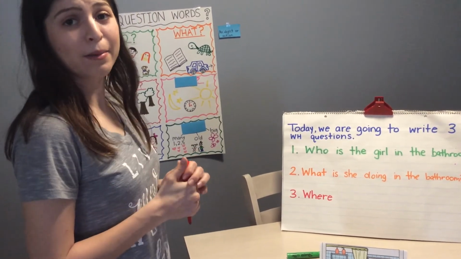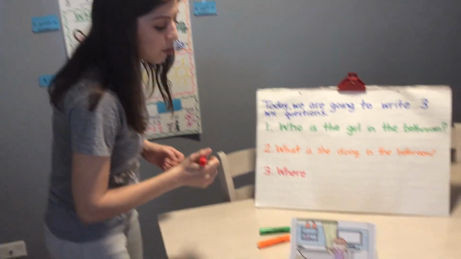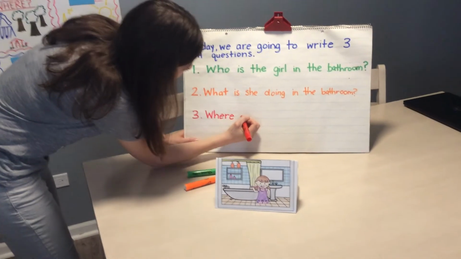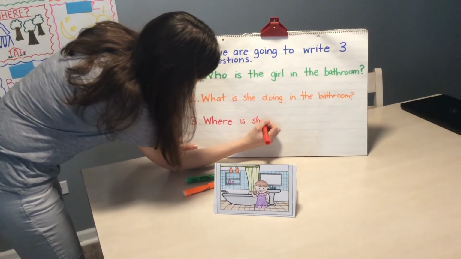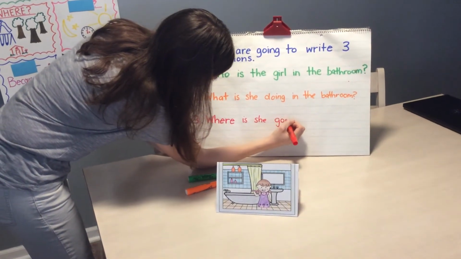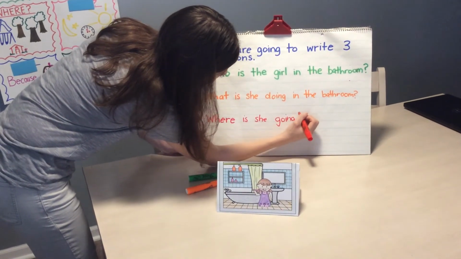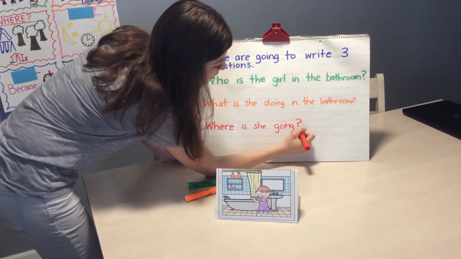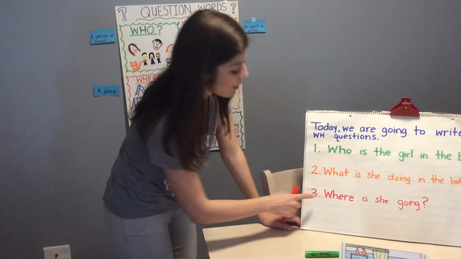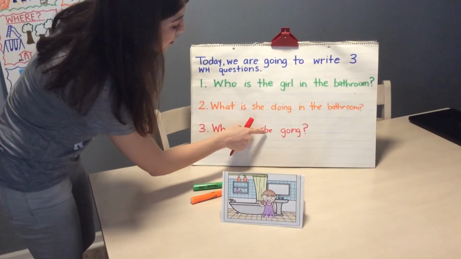Maybe she's going to school, or maybe she's going to the grocery store. Where is she going? What do I need at the end? Question mark. Let's read that one together. Where is she going?